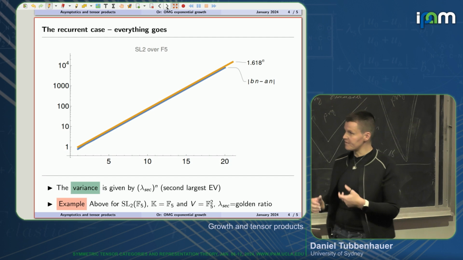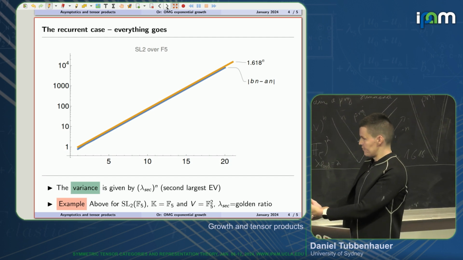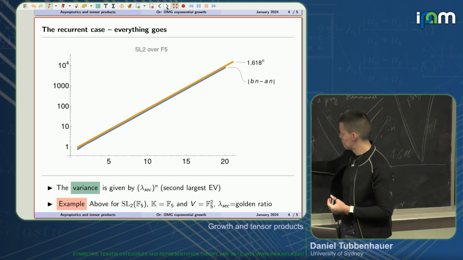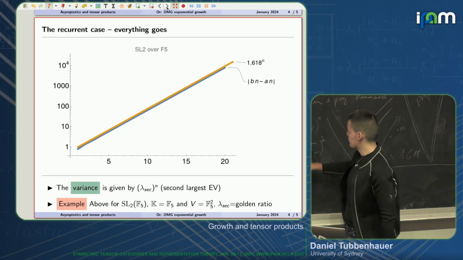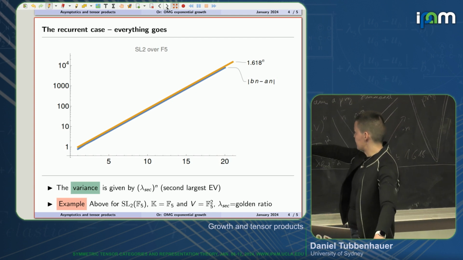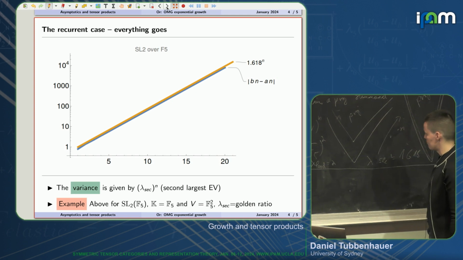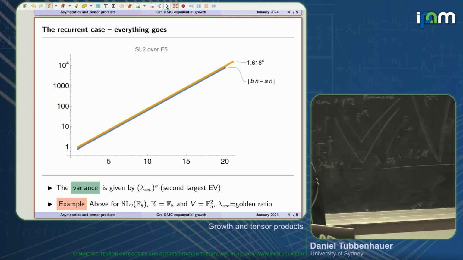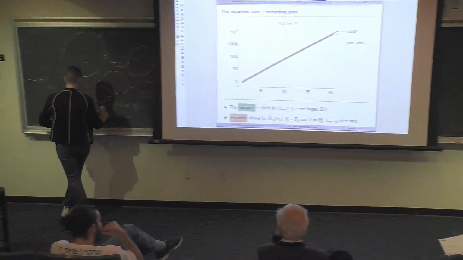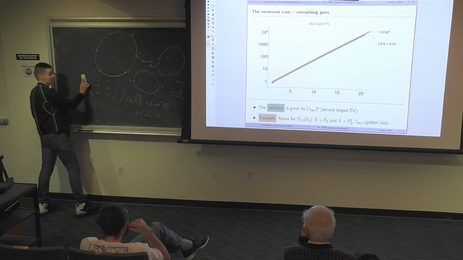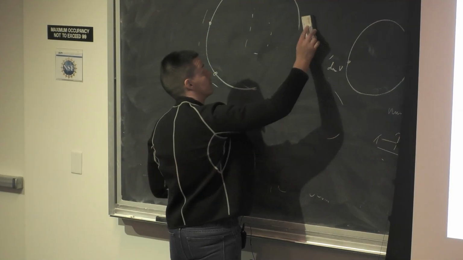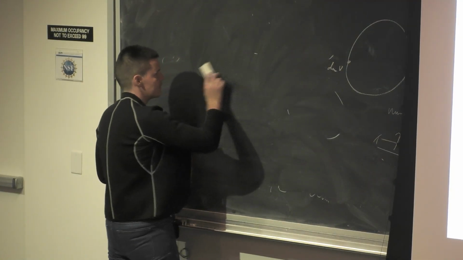The answer to question 2, at least if your category is finite, is that you write down an eigenvector and eigenvalue problem, and just do that. And the answer to question 3 in this case comes for free. Again, it's the second largest eigenvalue that determines the variance in this case.